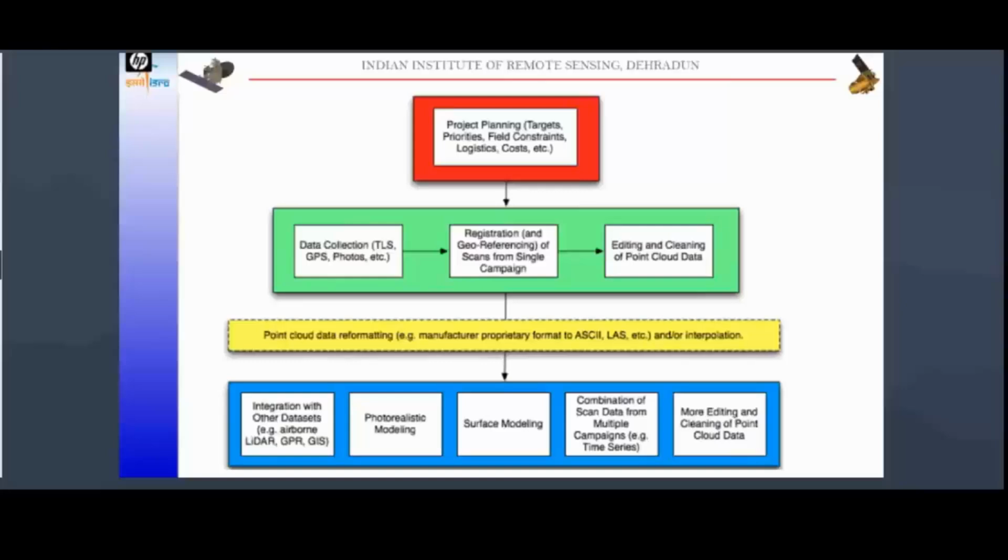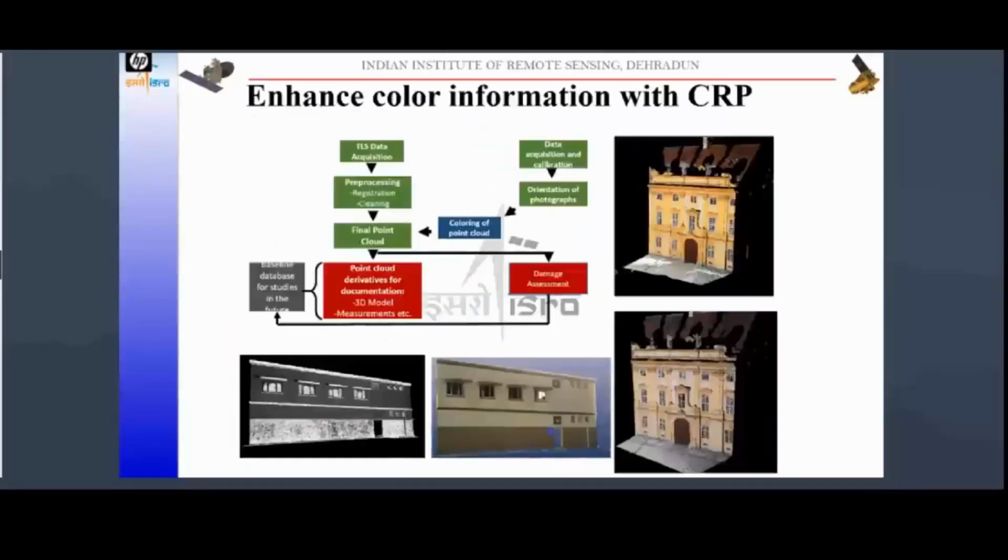For that, there is a camera put along with the terrestrial laser scanner, and using the photographs of that camera, each point in the point cloud, with its XYZ coordinates, is given the RGB values, the red, green, and blue values, so that you feel that the point cloud is colored now.